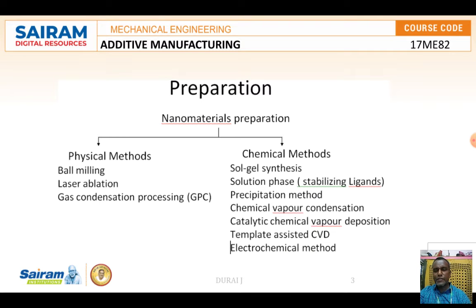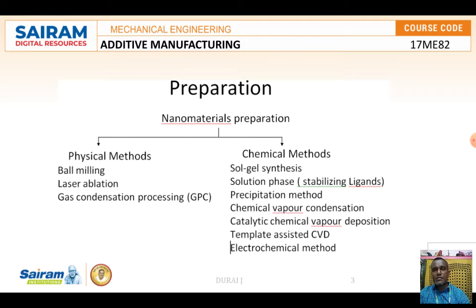There are various ways of creating nanomaterials. Mainly there are two methods of creating nanoparticles: one is the chemical method, another is the physical method. Normally the physical method comes under the mechanical process. In the chemical methods, due to reactions, the component is dissolved into small pieces.